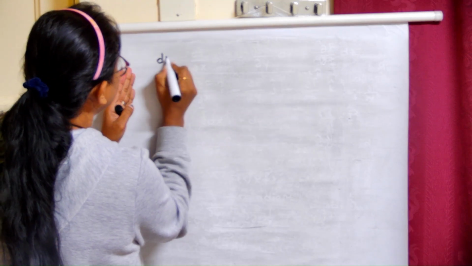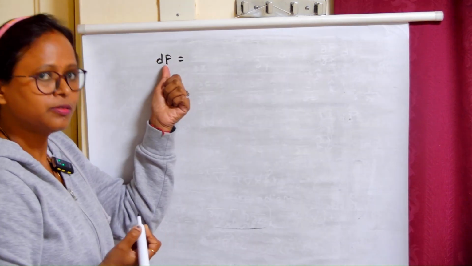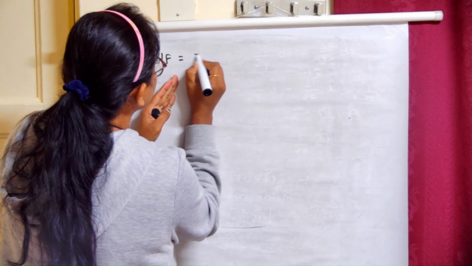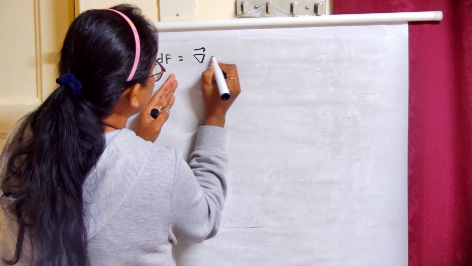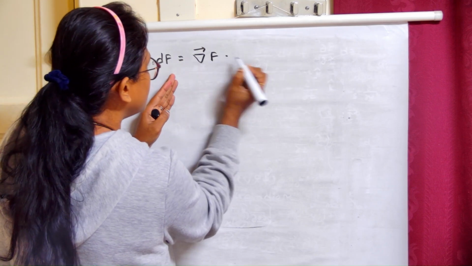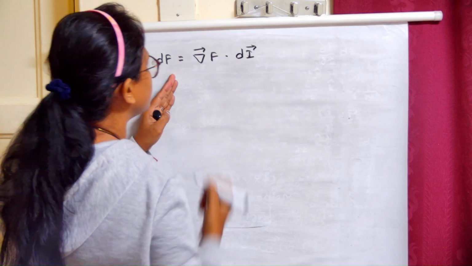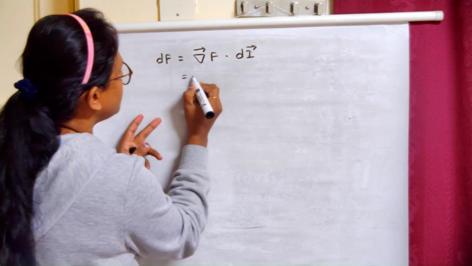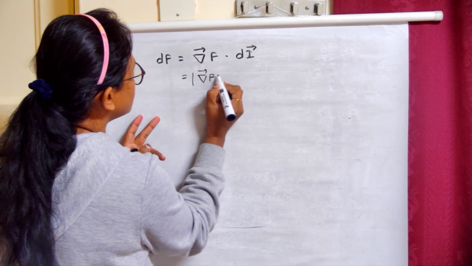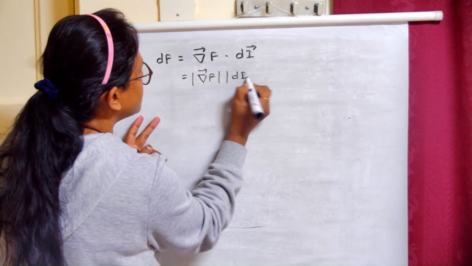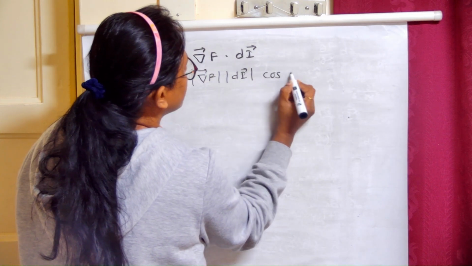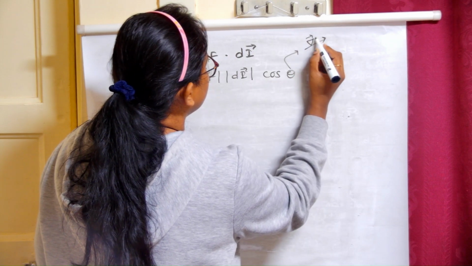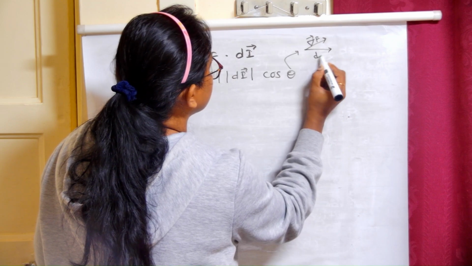We know the derivative df, when the function f, which is a function of x, y, and z, can be written as del bar of this scalar function f through an infinitesimal displacement vector d l bar. Writing this term in terms of magnitudes, we can write it as the magnitude of del bar f into the magnitude of d l bar cos theta, where theta is the angle between the gradient del bar f and the displacement vector d l bar.